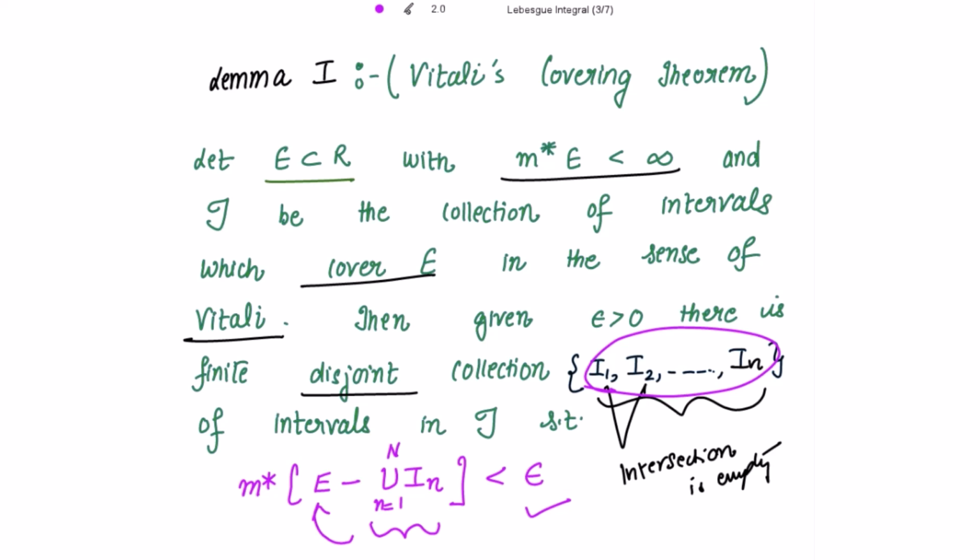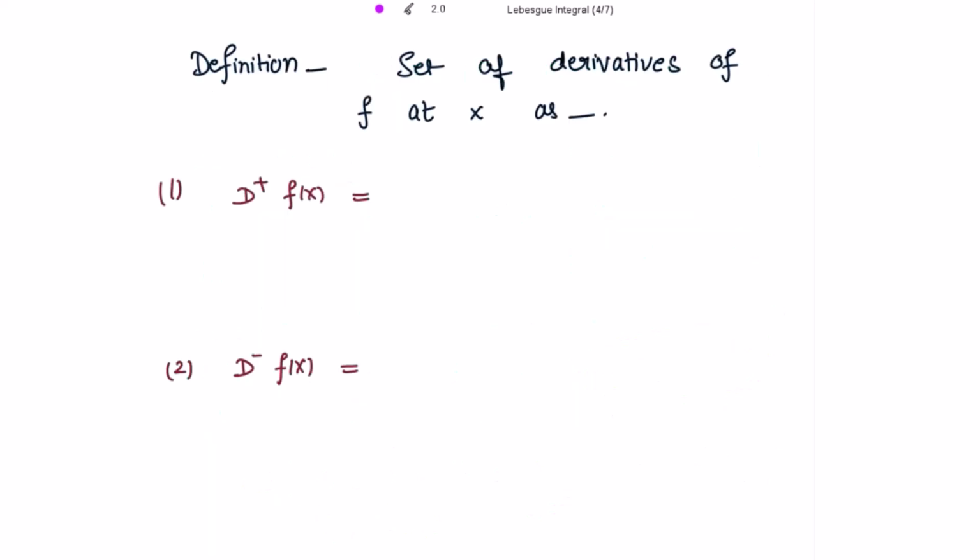Okay. Let's move on to another definition about the set of derivatives of f at x. The first is D plus f(x). This plus at the top is about taking the limit superior.